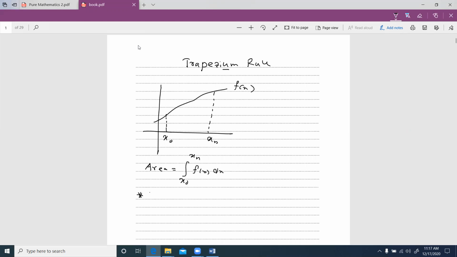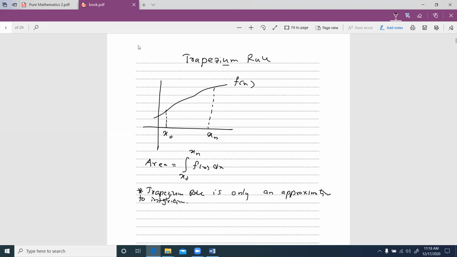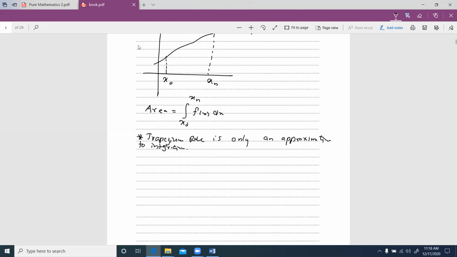The trapezium rule is only an approximation to integration. That's what we have to understand. Then let's see what is the base we use to find this trapezium rule.